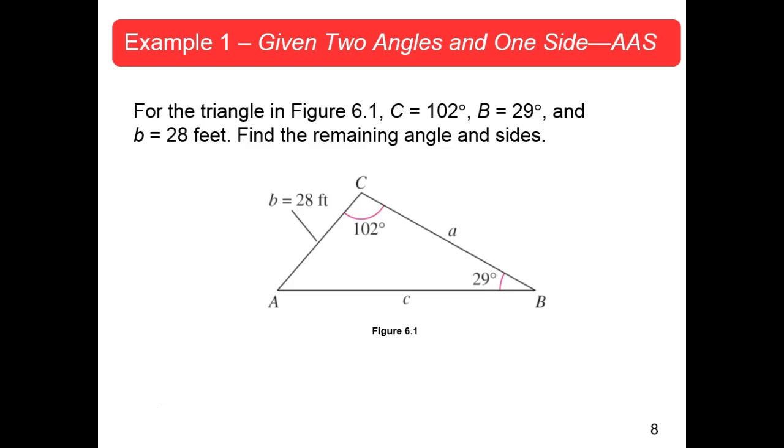All right, here's example 1. For this triangle in 6-1, where you know capital angle C, 102 degrees, what kind of triangle is this? It has two names. They both start with O's. Is it isosceles?